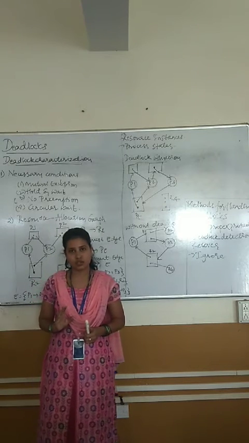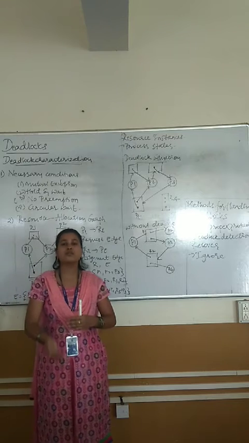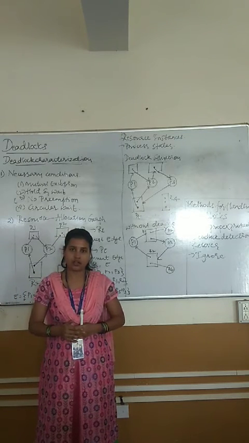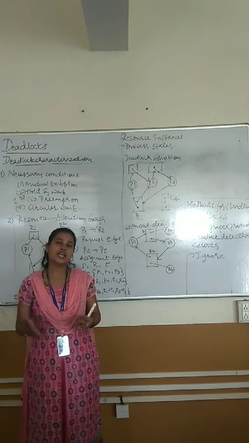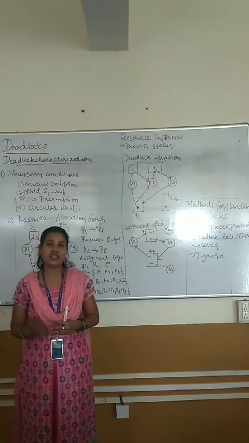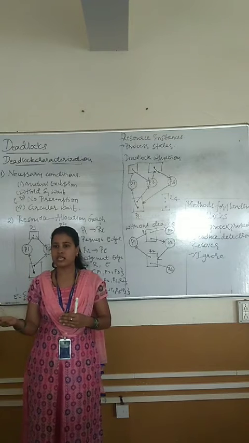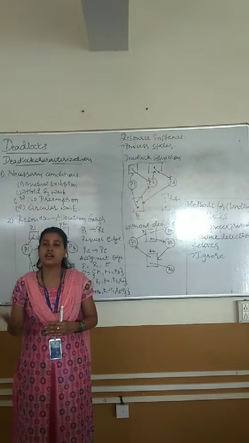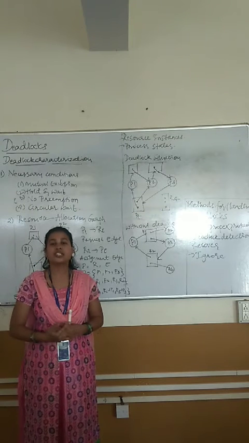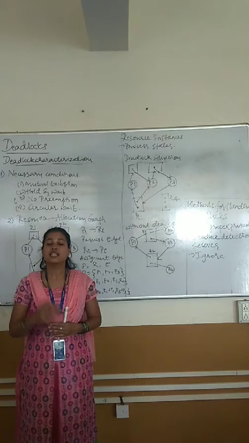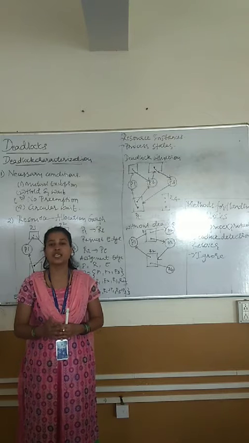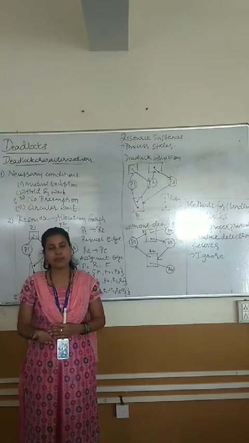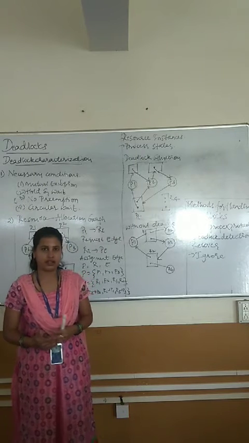When there is an unshared resource and another process requests it, that process should be kept in the waiting queue. But when this is violated, a deadlock is said to occur.